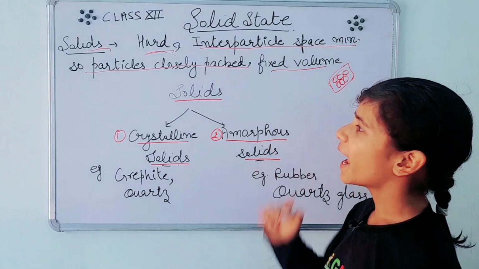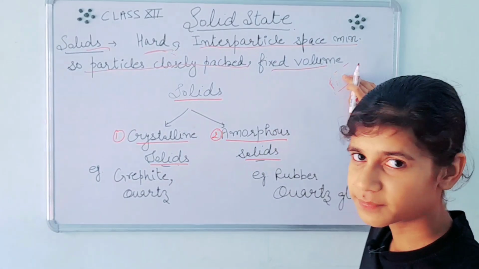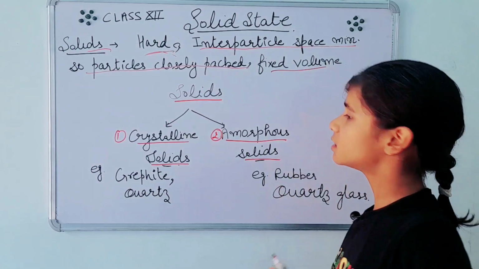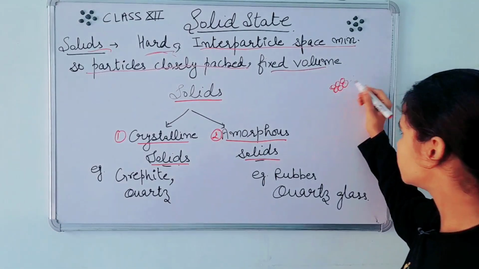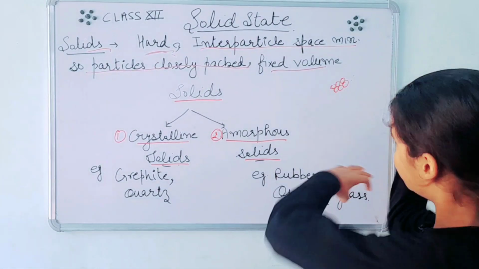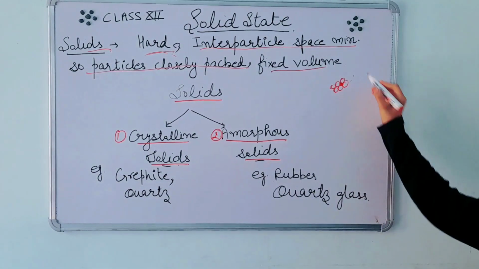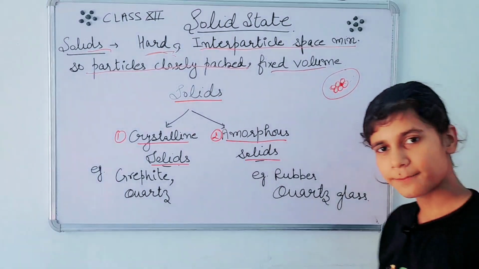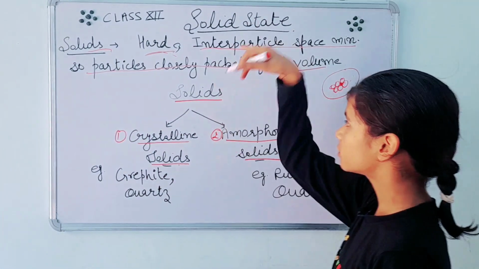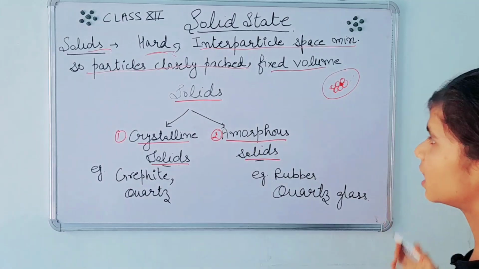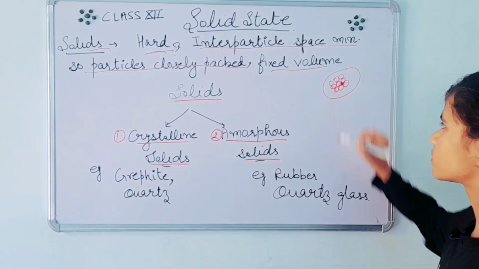Next is interparticle space is minimum. Means these are the atoms, and the space in between the atoms is minimum. And the next point is particles are closely packed. As you see in this figure, the particles are closely packed.